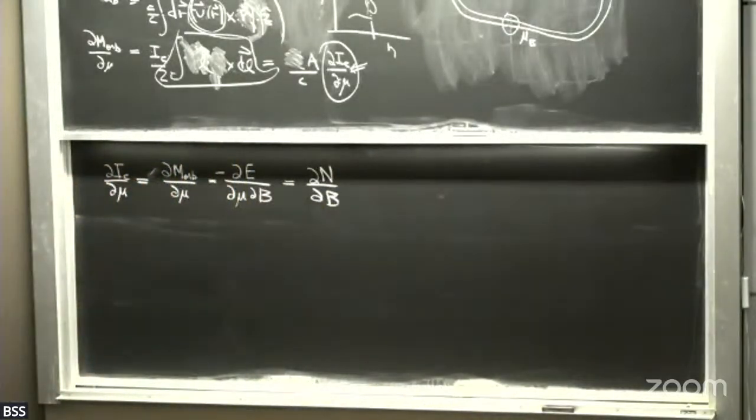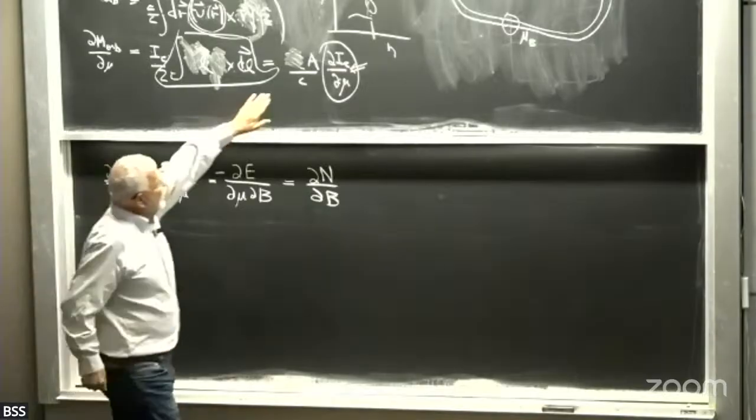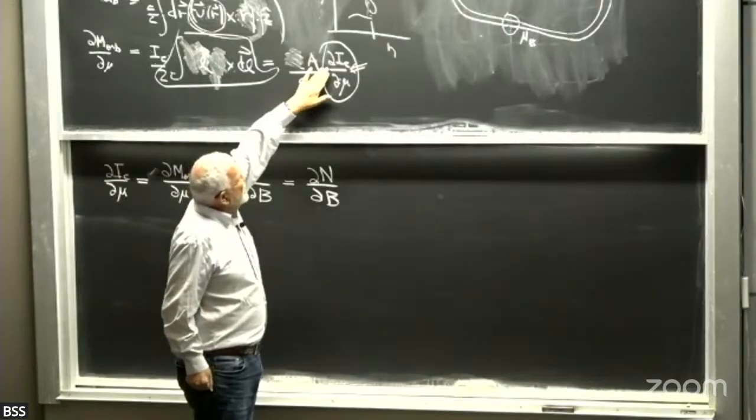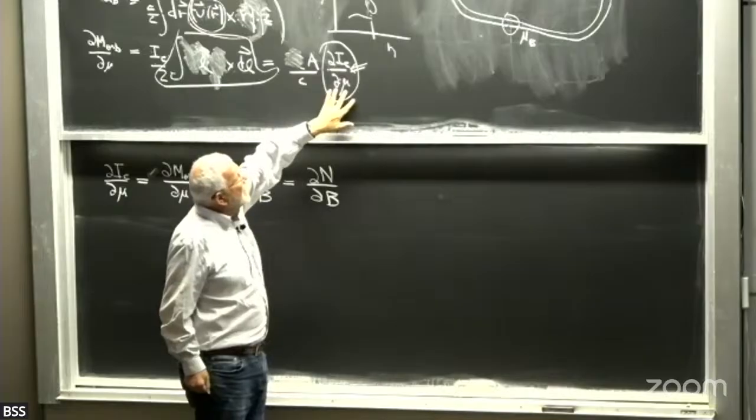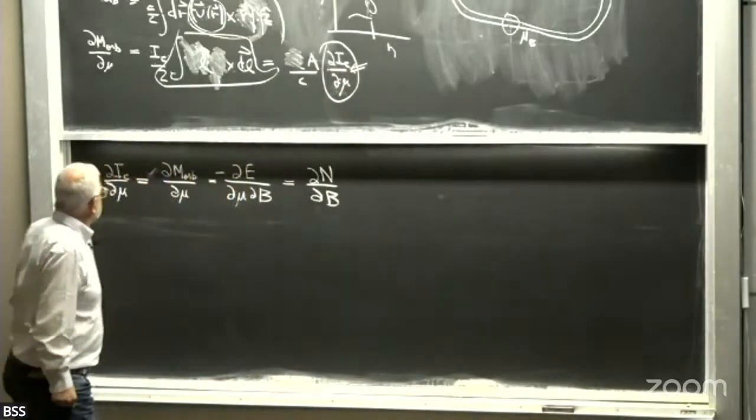So when you measure a quantum Hall effect in the presence of a magnetic field, or in the absence of a magnetic field, what's called the anomalous quantum Hall effect, really what you're measuring is that there is an edge current in equilibrium, and you're measuring the derivative of that edge current with respect to chemical potential.